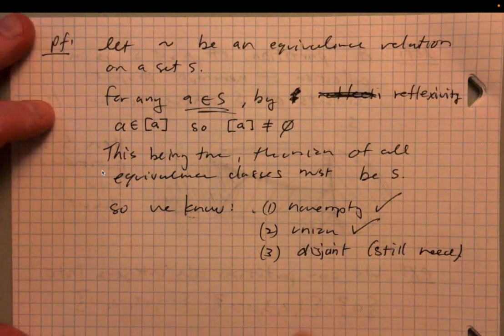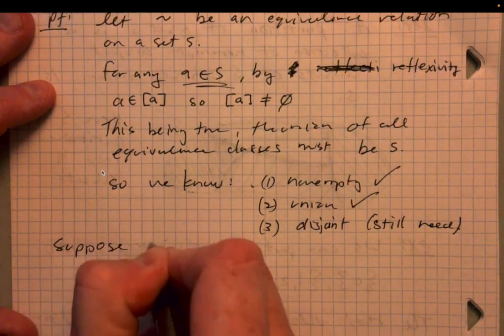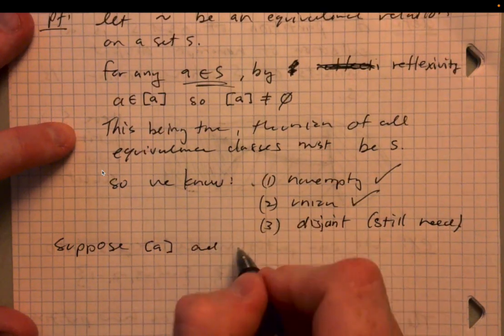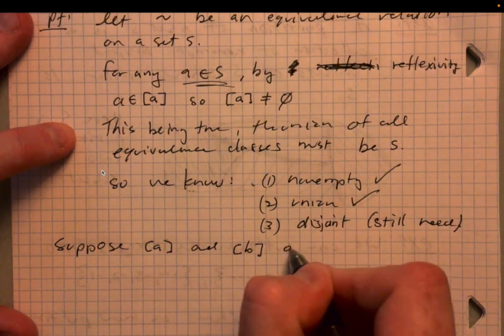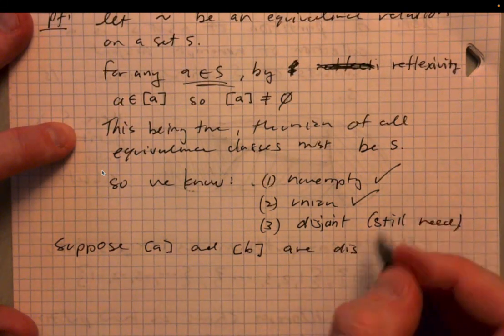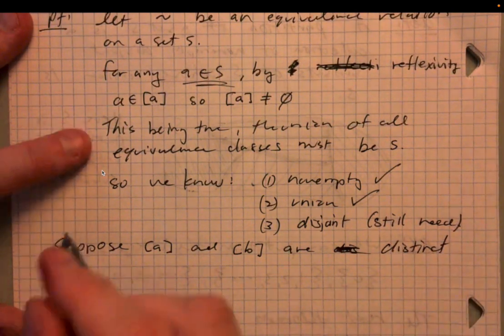To put that plainly, let's suppose you've got the equivalence class of A and the equivalence class of B, and we'll say they are distinct equivalence classes.